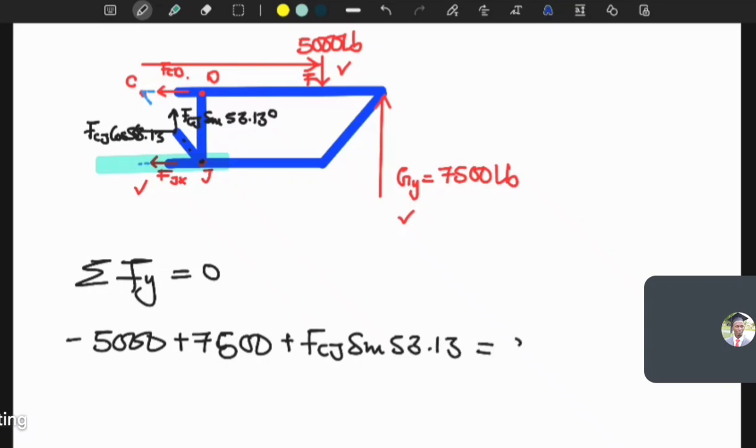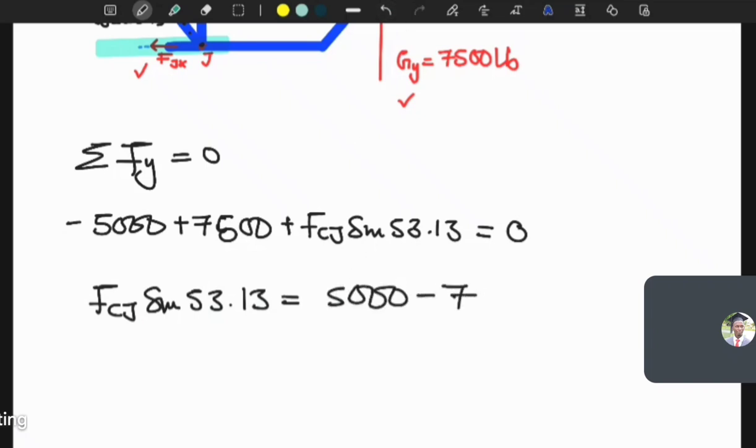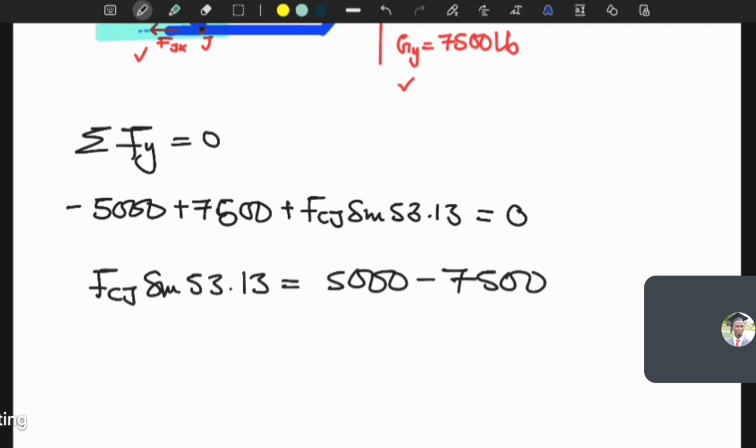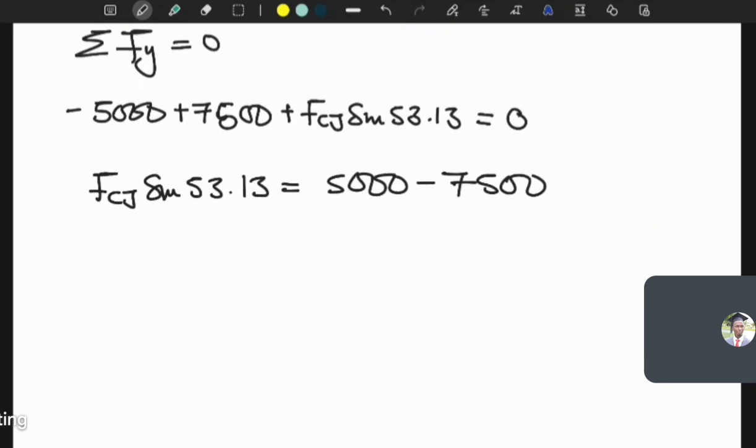I think that's the last one, so equals to 0. So this means that FCJ is equals to positive 5,000 minus, okay, the 5,000 becomes positive to the right, the 7 becomes negative.